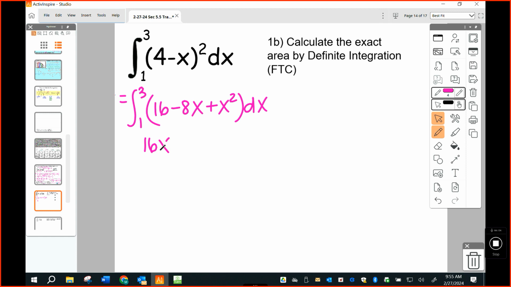Okay, you don't need the c, that's right. 16x minus 4x squared plus 1/3 x cubed. Why don't we need the c? Because they cancel. That's correct. When you are doing a definite integral and you subtract, the c's always cancel, so you don't need to put the c at all. Okay? So we are going to substitute the 3 in first, and then substitute the 1 and subtract those two.